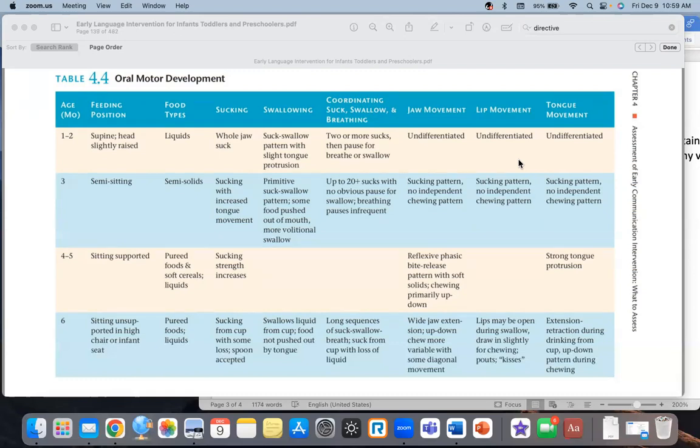But okay, for Spanish and English, say Spanish is the child's home language. A lot of times the parents will think that by speaking to their child in Spanish, they're not going to acquire English. That's just simply not true.